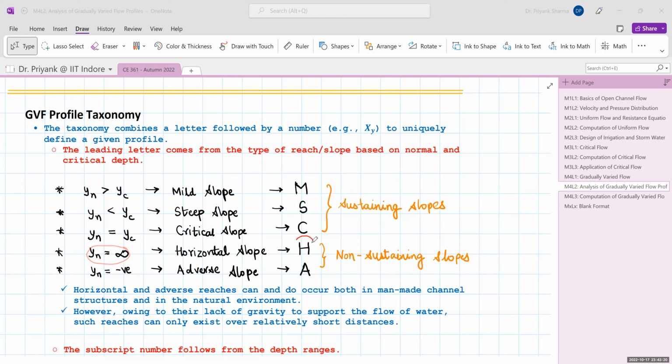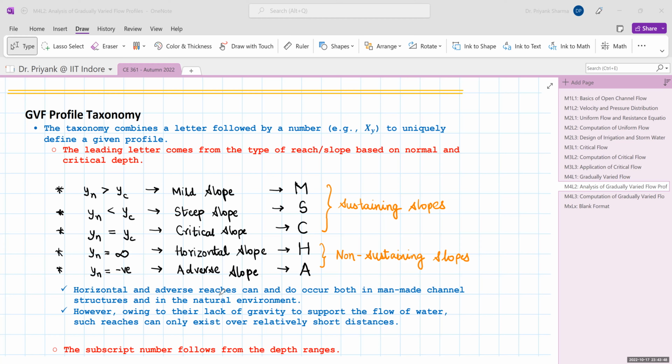So that is horizontal slope H, and adverse slope where yn is negative, so that is an adverse slope. So these two slopes are called non-sustaining slopes because they are zero in the direction of flow, or they rise in the direction of flow. That is why they are called non-sustaining or negative slopes.